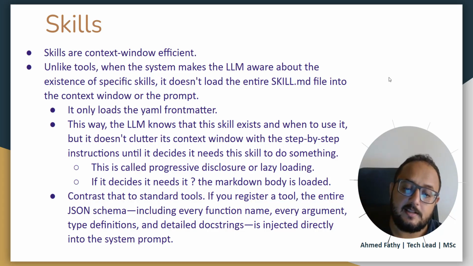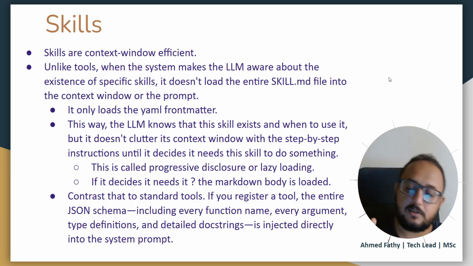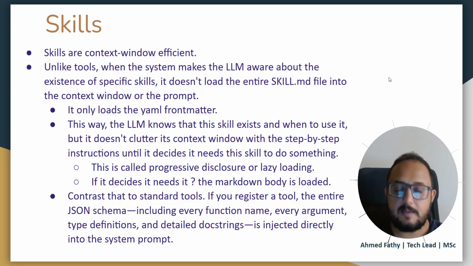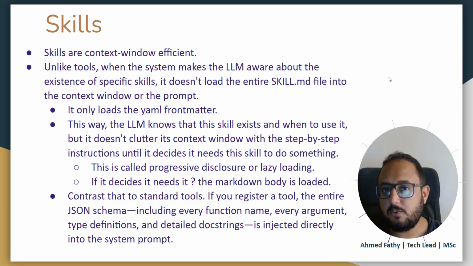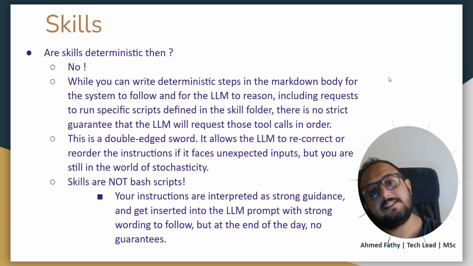If it decides it needs it, the markdown body is then loaded. So contrast that to the standard tools. If you register a tool, the entire JSON schema of the tool, including every function name, every argument, type definitions, and detailed docstring, is injected directly into the system prompt. So skills are more context window efficient. So are they deterministic then?